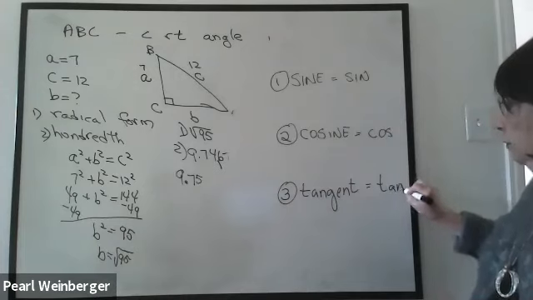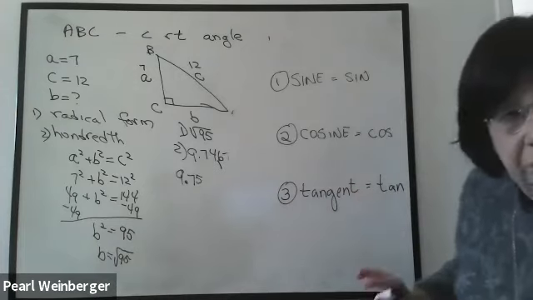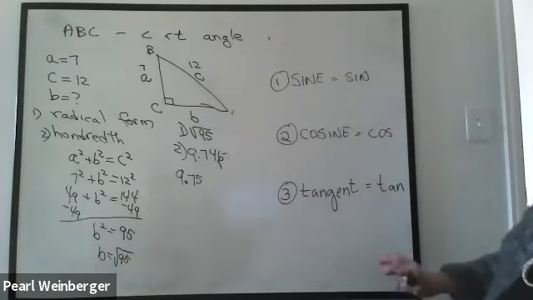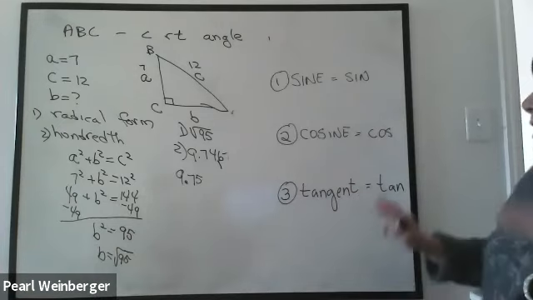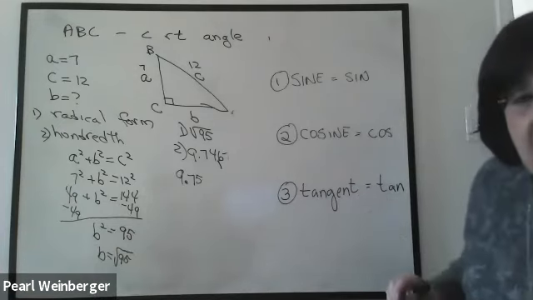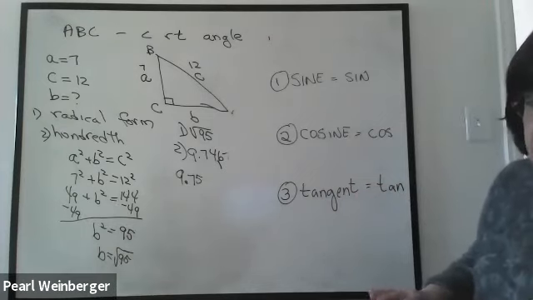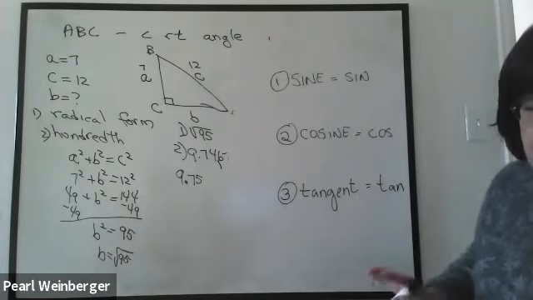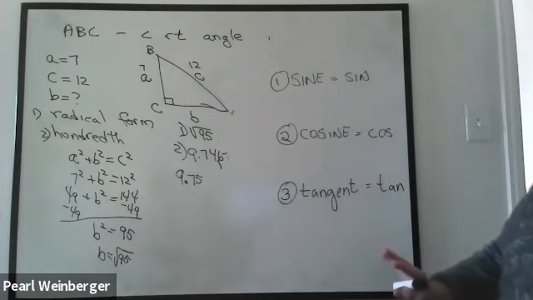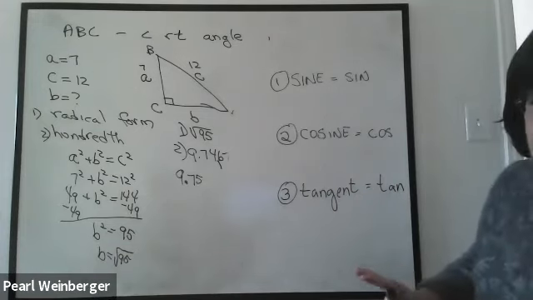If you notice, the abbreviations are simply the first three letters of each name. Each one of these is a fraction. You remember a fraction, if you could change the fraction into a decimal. But by definition, these are all fractions.